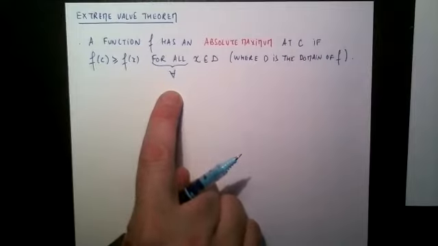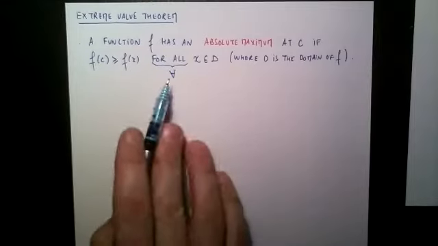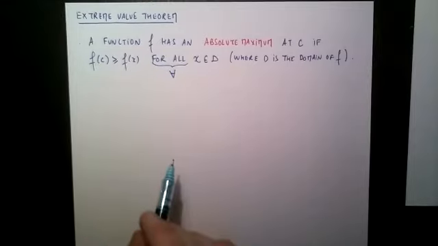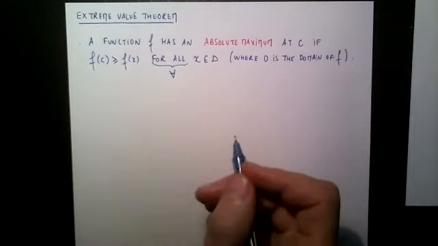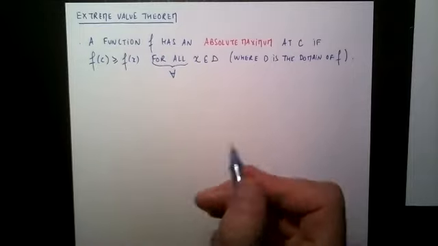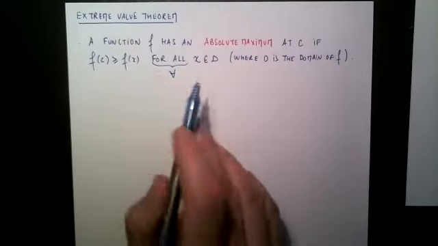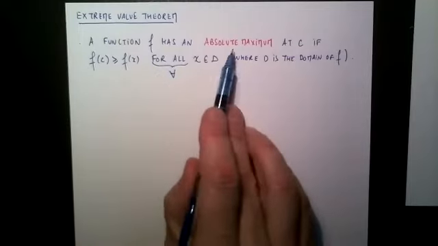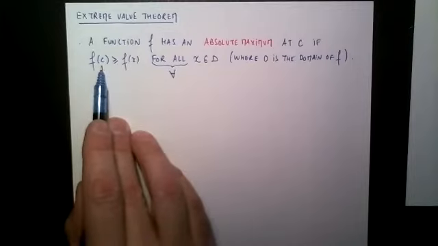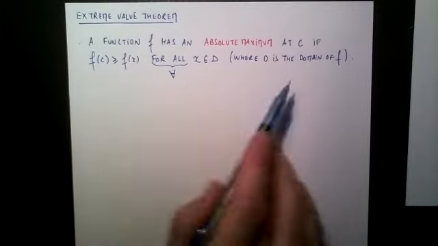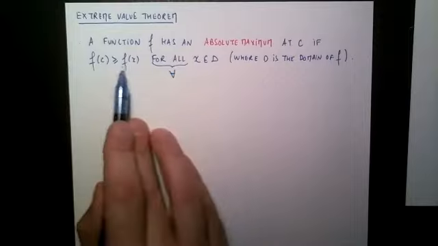We're going to use it from now on because I'm very lazy and I like symbols. So this is what it means that a function has an absolute maximum at C: f of C is bigger than all the values of the function, no matter which x you take in the domain.